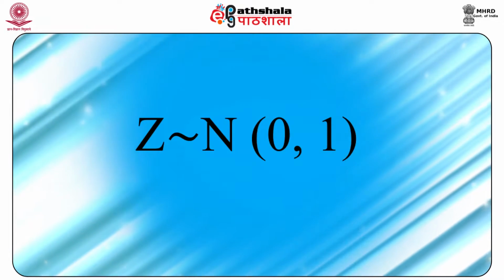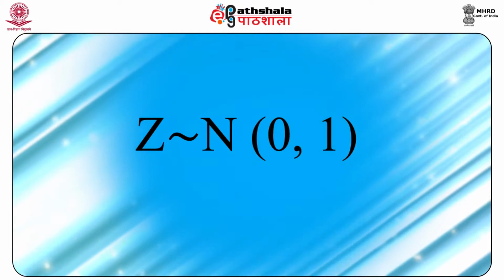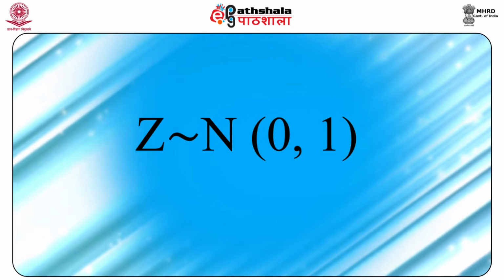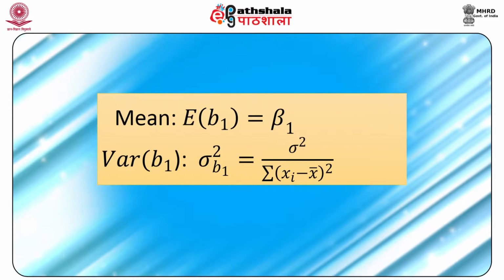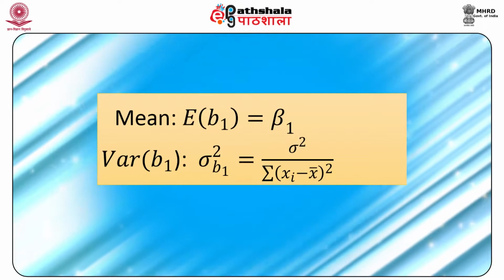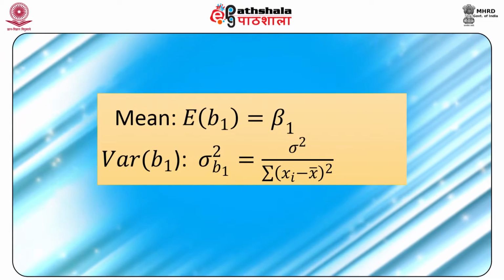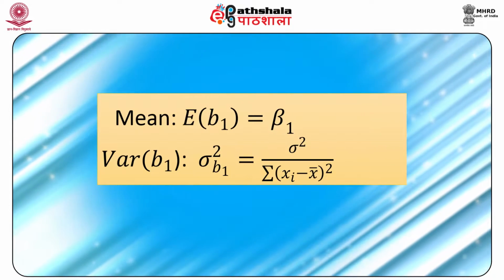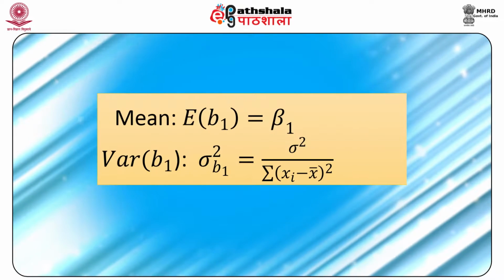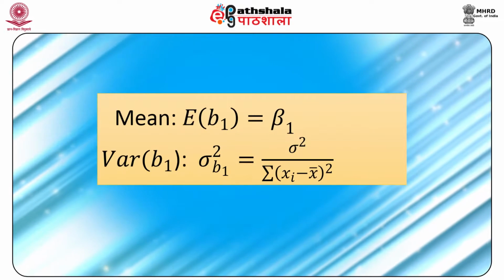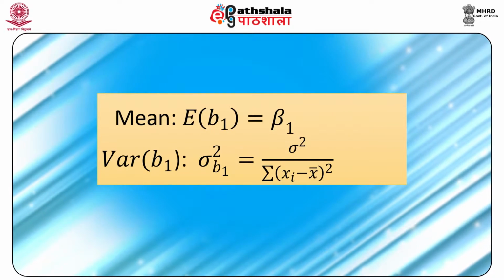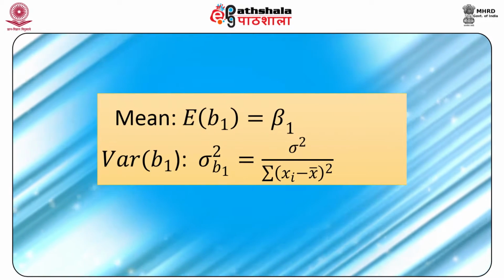The OLS estimator B1, being a linear function of mu i, is similarly normally distributed with mean, expected value of B1 equal to beta 1, and variance of B1 equal to sigma B1 square, which is sigma square upon sigma x minus x bar square.